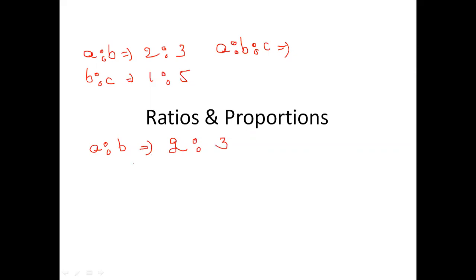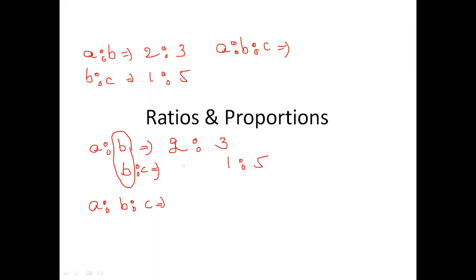Now B is to C, they have given as 1 is to 5. Observe how I am writing B is to C: I write the B value exactly below the B value of the first ratio. Why am I writing like this? I want to make sure that B has one simple value in both the first ratio and the second ratio. Just write the values of B is to C in the same manner, which is nothing but 1 is to 5.